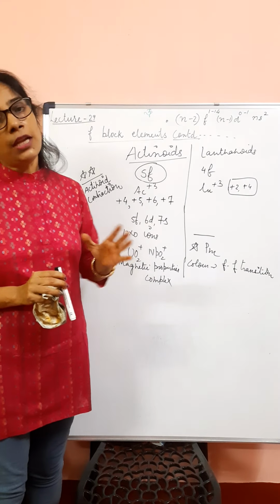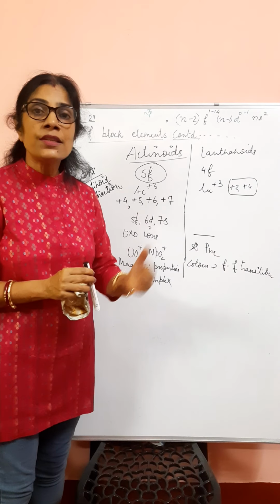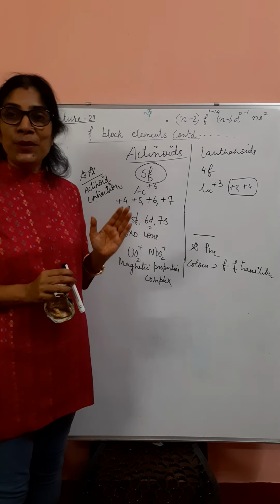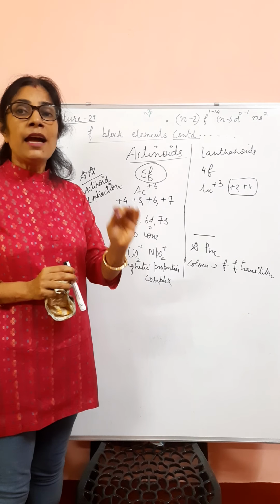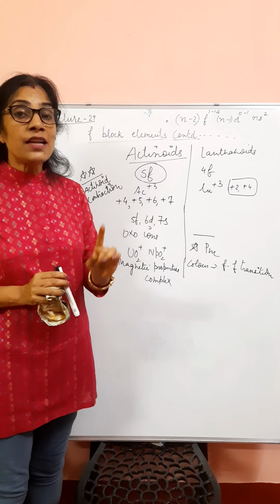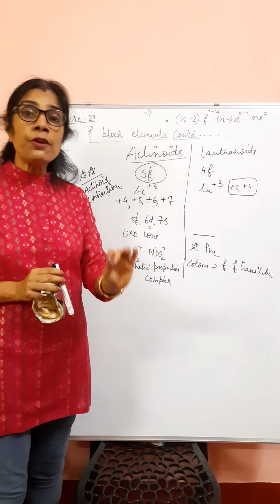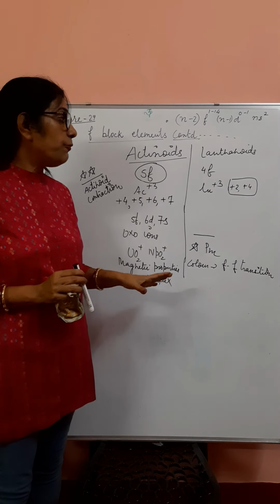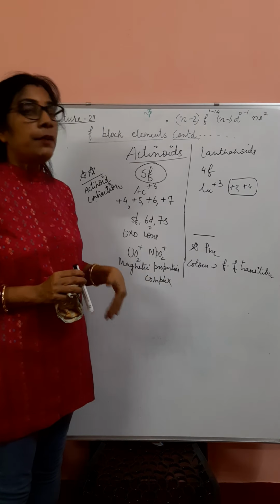Then the comparison, or similarities and dissimilarities, between lanthanoids and actinoids. So prepare the chapter very well. I have discussed during our classes each and every question of the in-text as well as the exercises. So go through the chapter well and prepare it thoroughly.